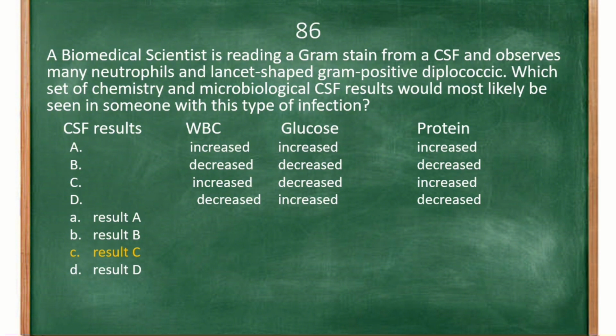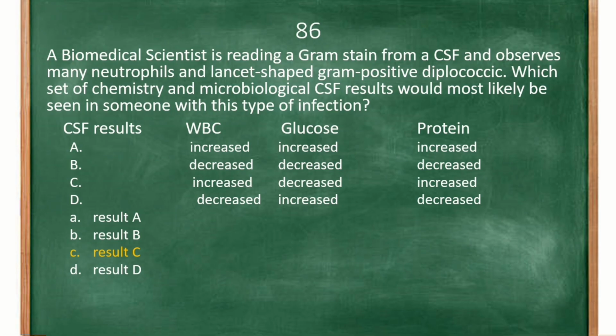So why does that happen? When there's bacteria in CSF and it's being cultured, it will cause some form of inflammation, and because of the inflammatory response there will be an increase in WBC.